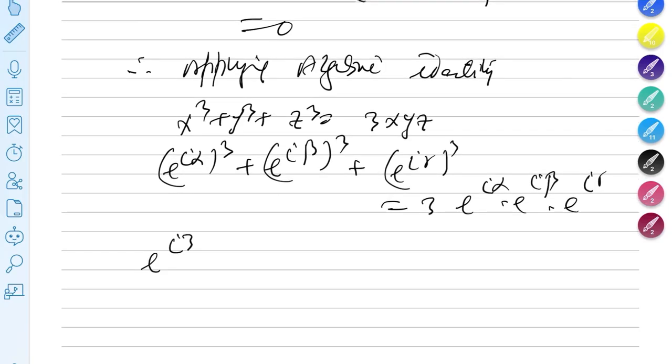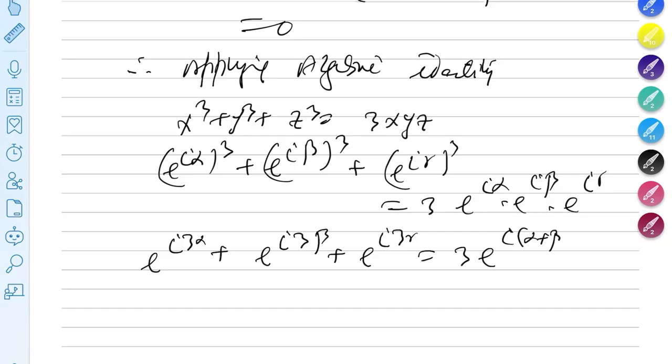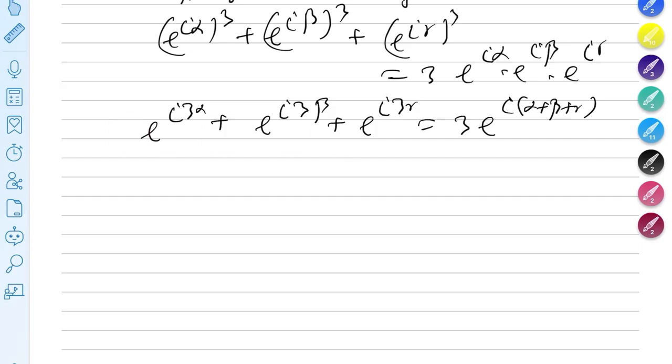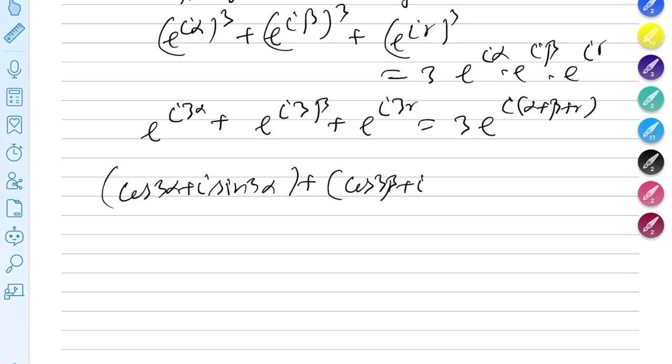This is nothing but e to the power I 3 alpha plus e to the power I 3 beta plus e to the power I 3 gamma, and the right hand side is e to the power 3 I alpha plus beta plus gamma. Now writing in the trigonometric form, we get cos of 3 alpha plus I sine of 3 alpha, plus cos of 3 beta plus I sine of 3 beta, plus cos of 3 gamma plus I sine 3 gamma.